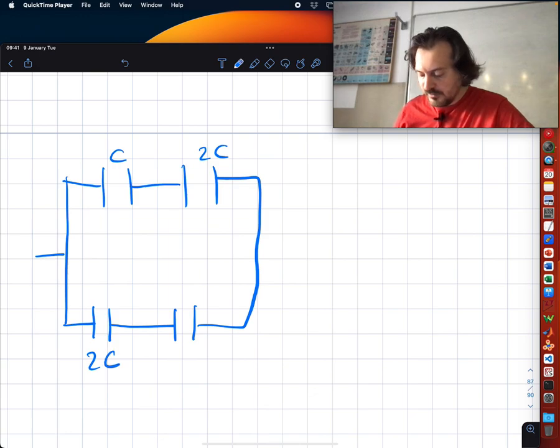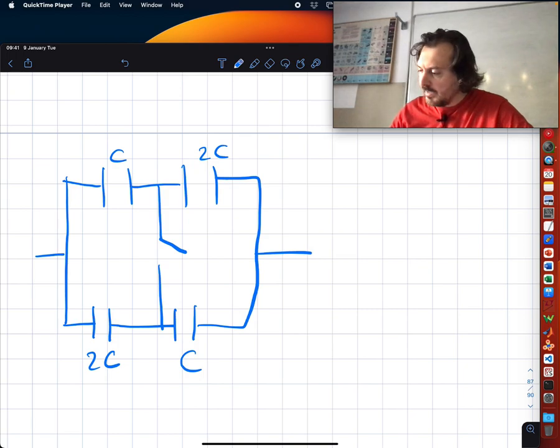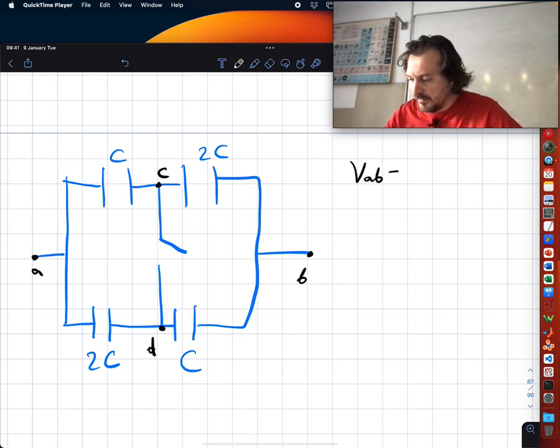Don't bother yourself with energy problems. There is no resistance because it's not that chapter yet, right? So I have some points here, A, B, C, and D. The question is, if VAB is V0, what is VCD?